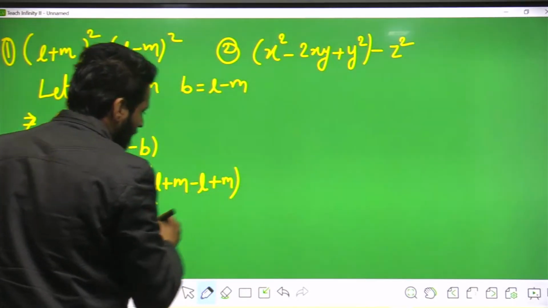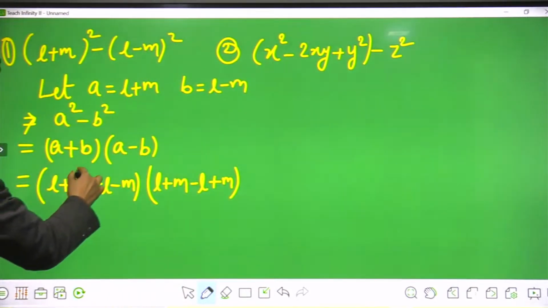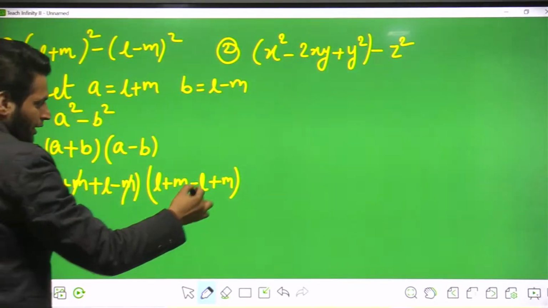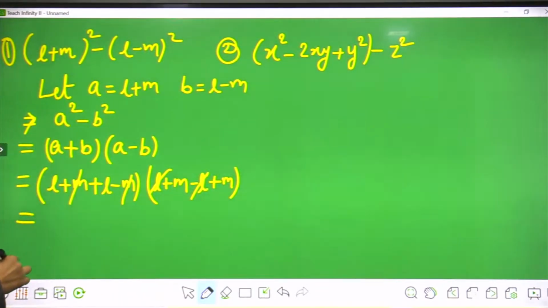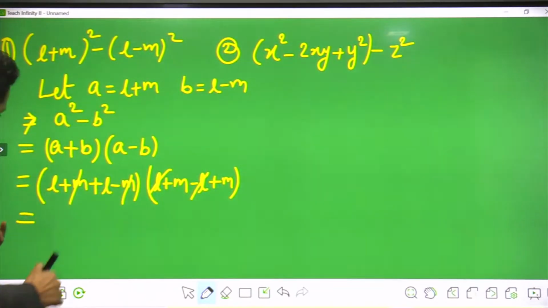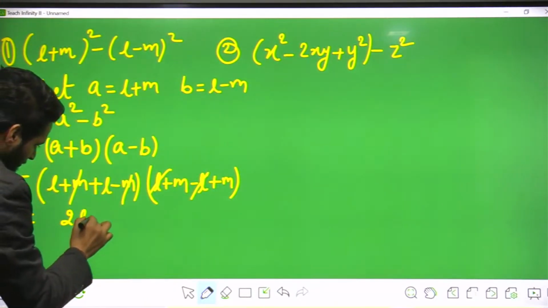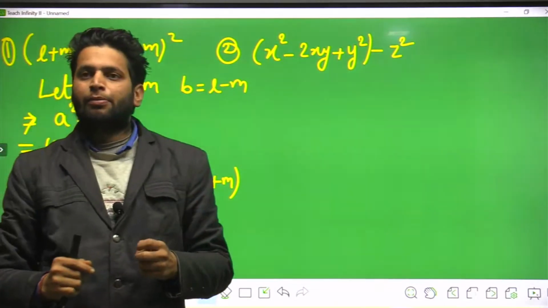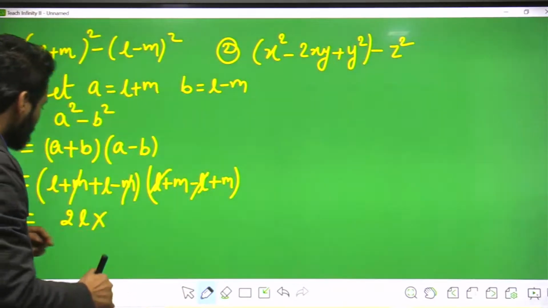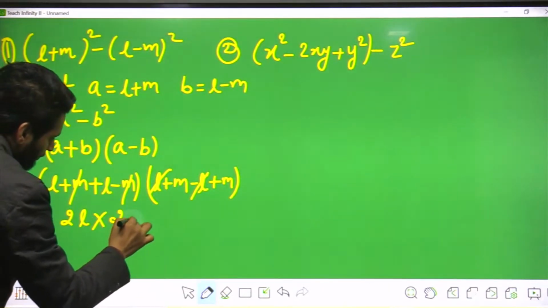So m cancels with m, and l cancels with l. We get l plus l, which is 2l, multiplied by m plus m, which is 2m. So we can write here 2m.